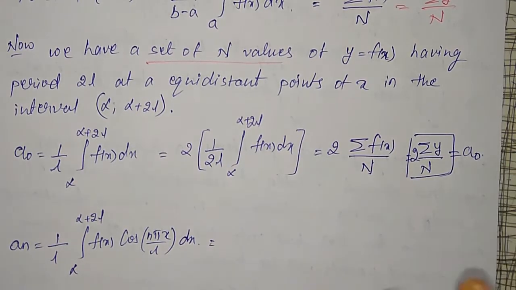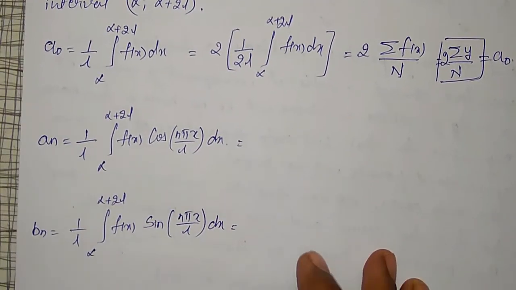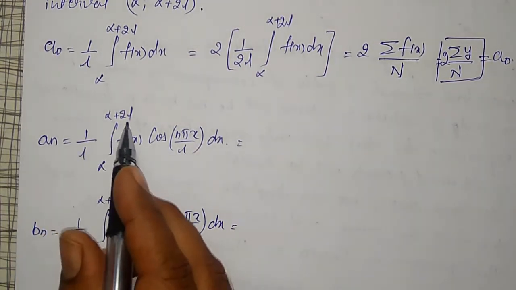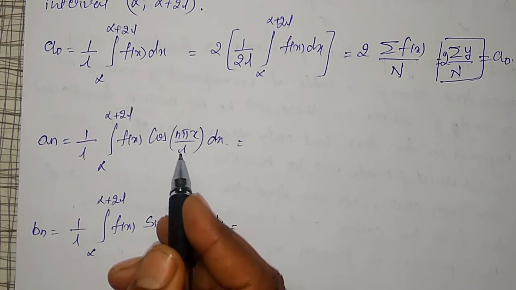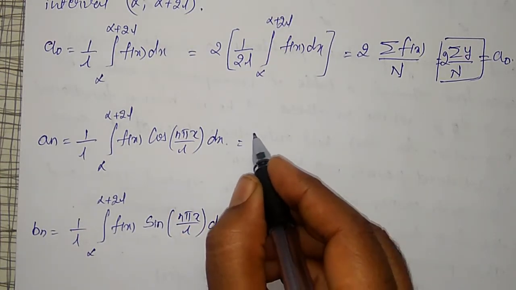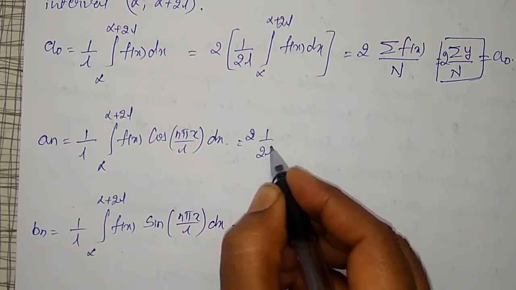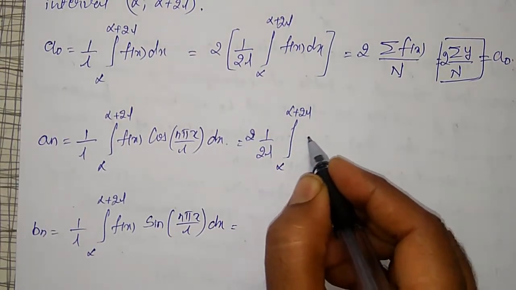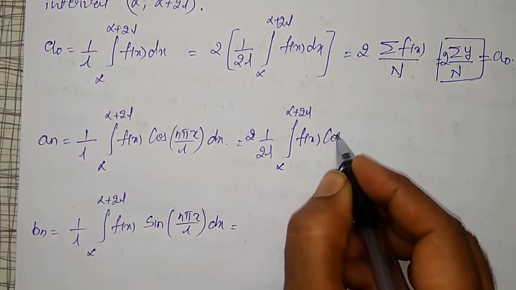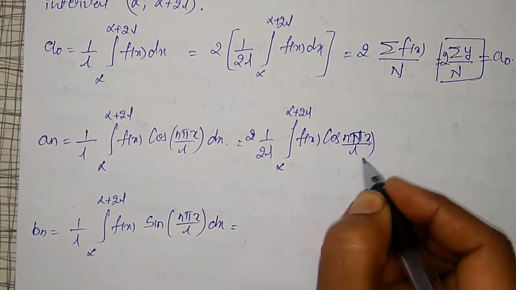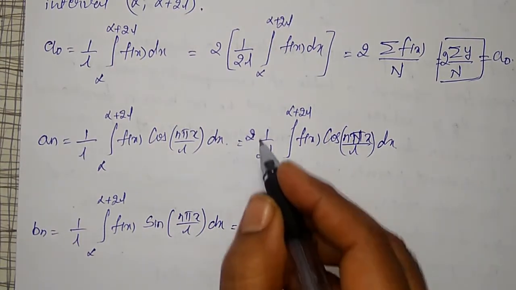Like that, an equal to 1 by l integral from alpha to alpha plus 2l of f of x cos n pi x by l dx, we know. But here again b minus a is nothing but 2l, but only l is there. That's why I will multiply and divide by 2l, integral from alpha to alpha plus 2l of f of x cos n pi x divided by l dx.